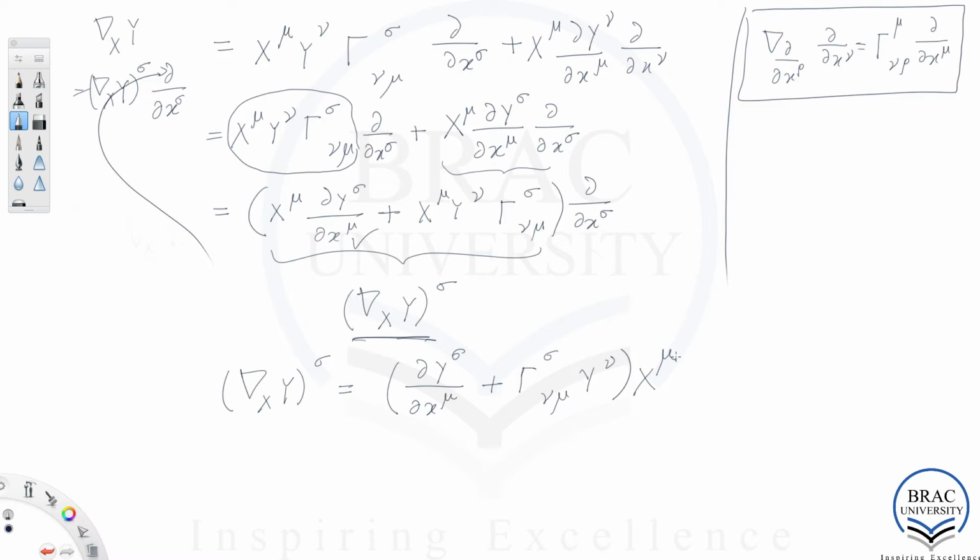Now remember, I gave you the relationship between these two objects, nabla xy, which is a 1, 0 tensor field, and I gave you nabla y, which was a 1, 1 tensor field. Then I had this very important relationship between these two objects given by equation number 2, which was stated like this: nabla x y mu is equal to y mu semicolon mu times x mu, right?